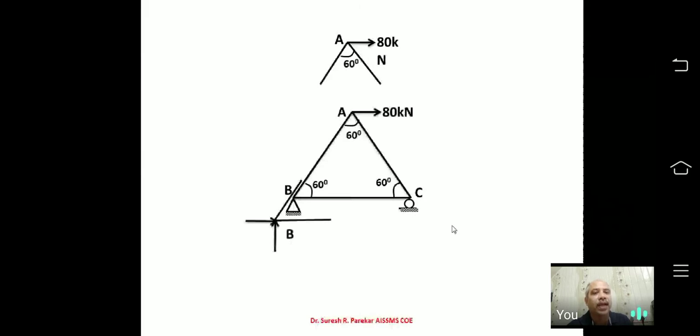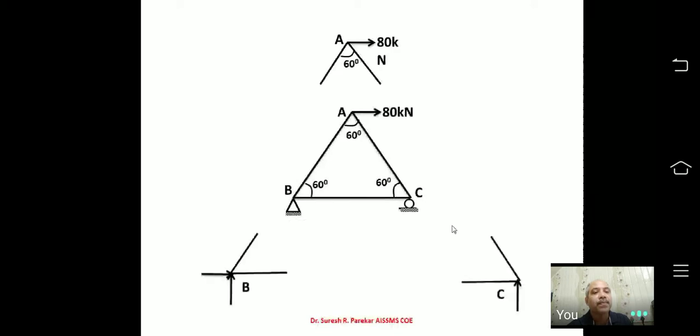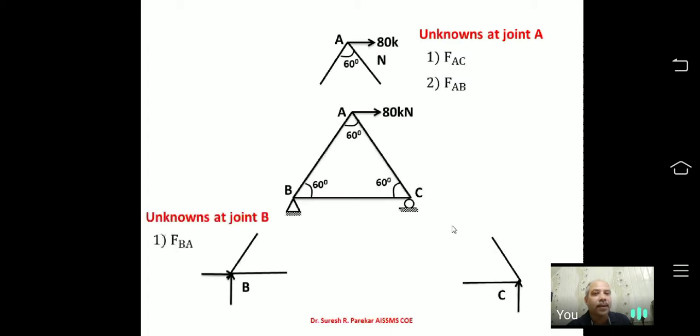We cannot find more than two unknowns. So if we now see joint A, we are going to get two unknown forces, that is FAC and FAB. If I go to joint B, at joint B we have three forces, FBA, then we have FBC, and then we have two reactions.